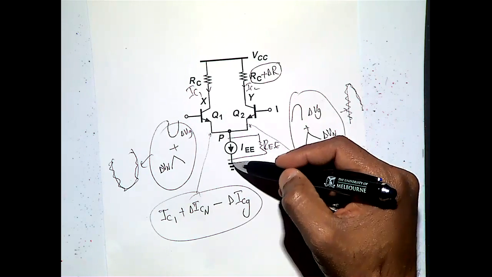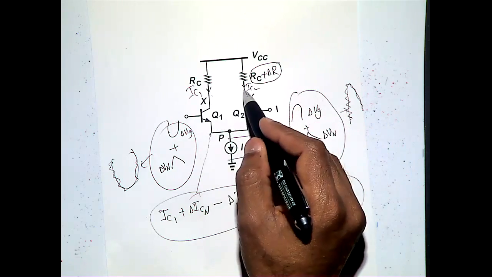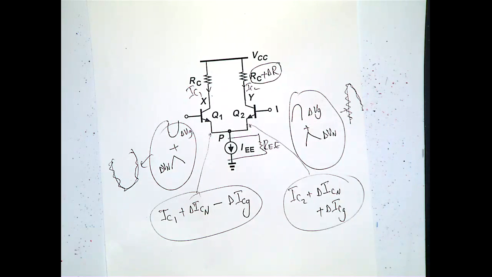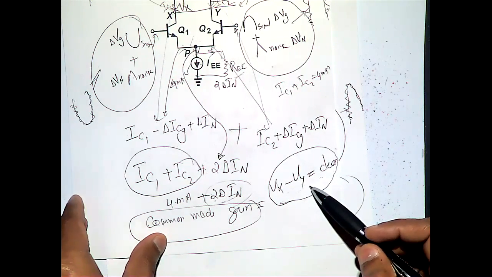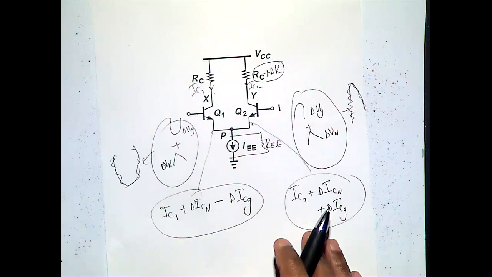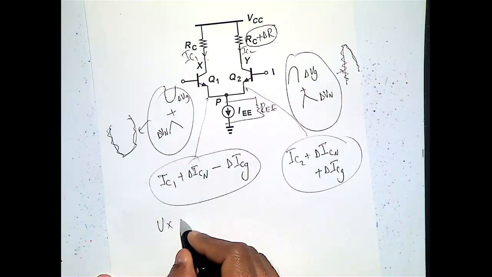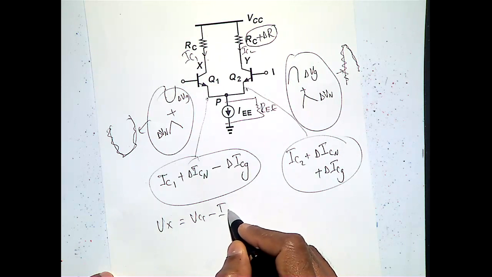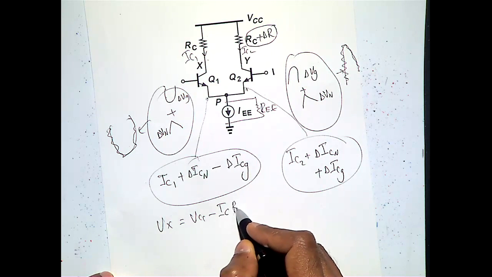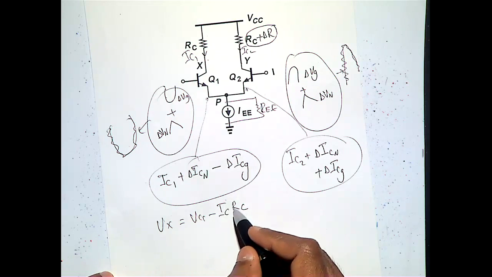This point with respect to ground, we get the noise. But Vx minus Vy in the previous case was clean. Now we are going to find out Vx minus Vy. So what is the value of Vx? VCC minus total current, IC, RC, and then what is the IC in your case?